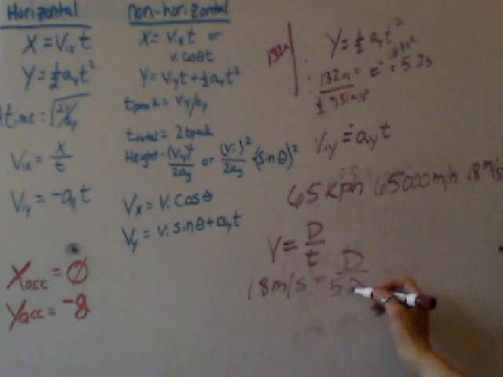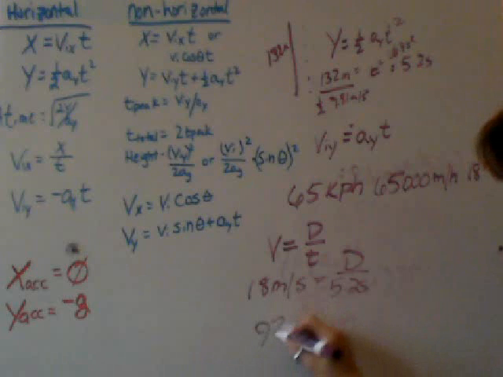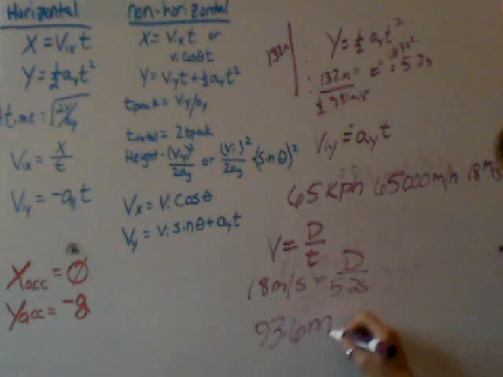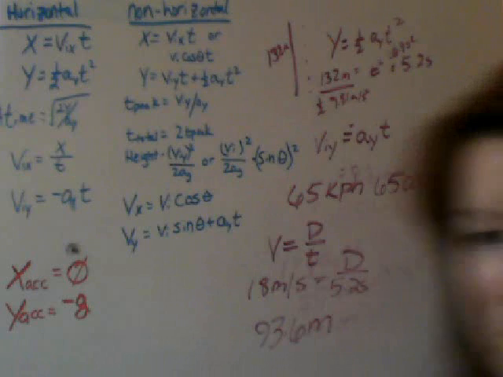So we then multiply 18 times 5.2 and we end up with 93.6 meters. So when the Roadrunner is 93.6 meters away, if Wile E. Coyote drops the boulder, he will hit the Roadrunner. But we know that that never happens, and he probably drops the boulder on his own head.